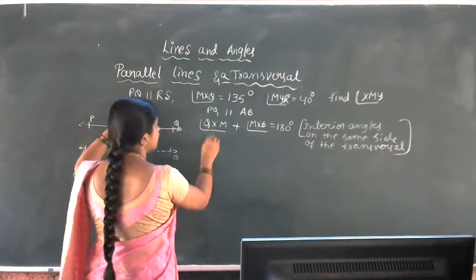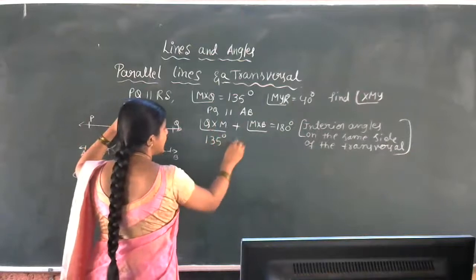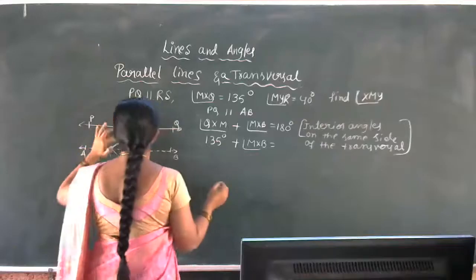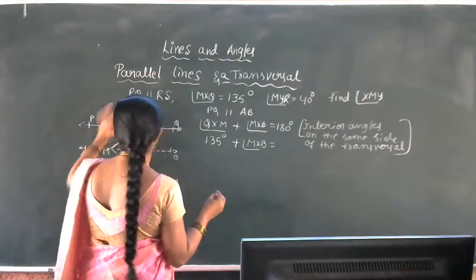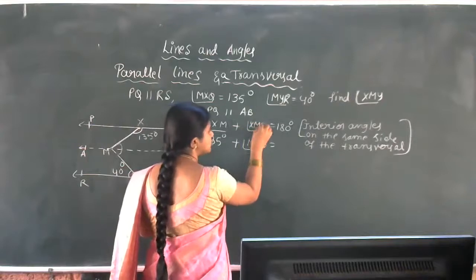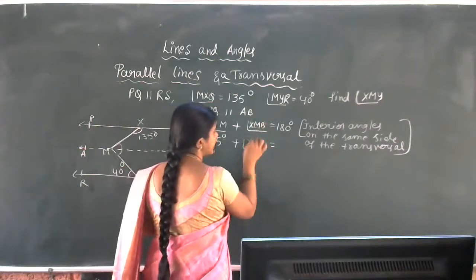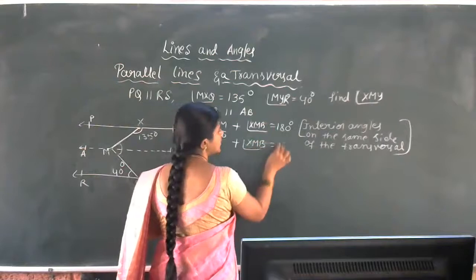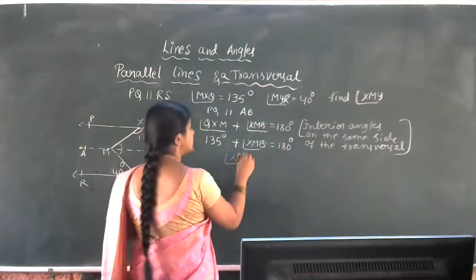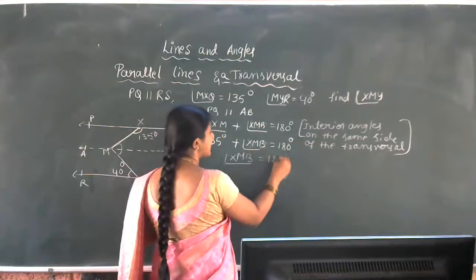Now this one is 135 degrees plus XMB is unknown. Okay, so that is not MXB, we have to write this one as XMB, students. 135 plus XMB is equal to 180 degrees. Now XMB is equal to 180 minus 135.